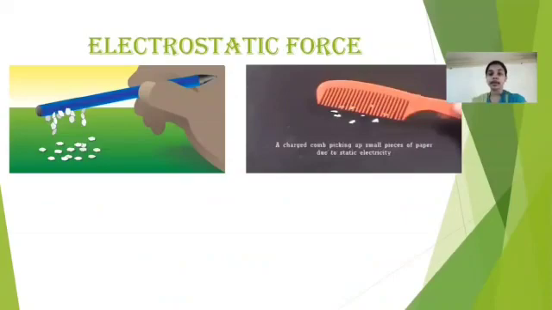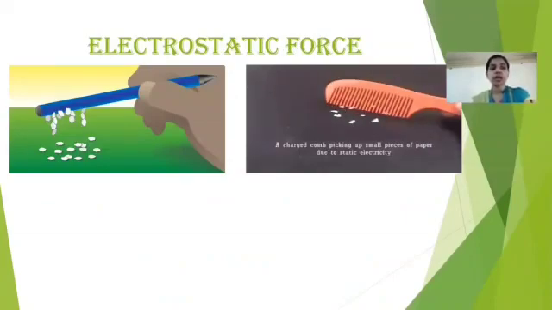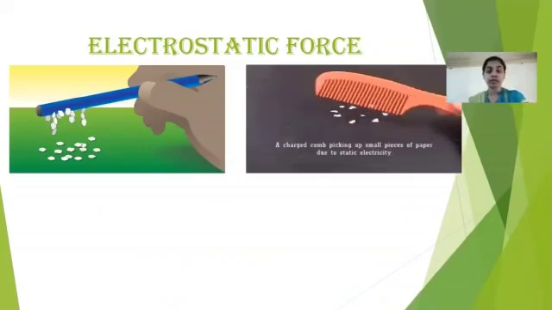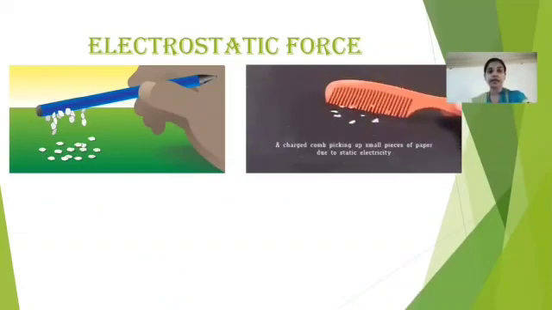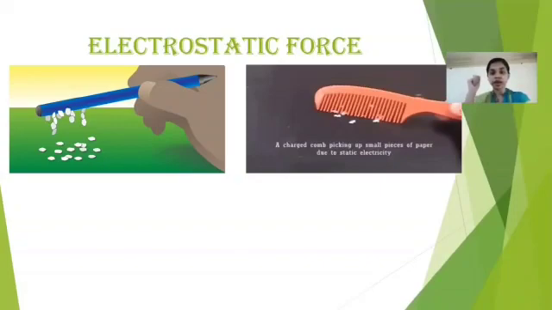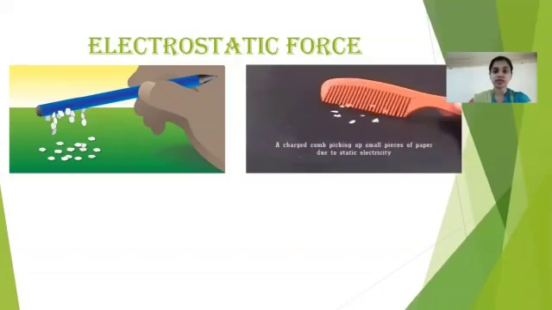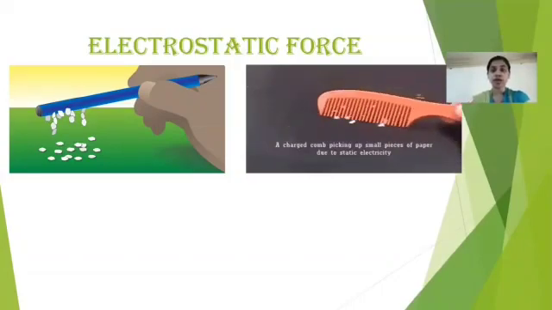And the next one is the electrostatic force. Have you ever played the game, or done that activity, where you rub the scale on your hair and try to attract a piece of paper by holding the scale at a particular distance from the paper? So what happens there?